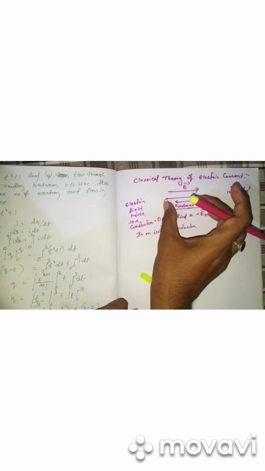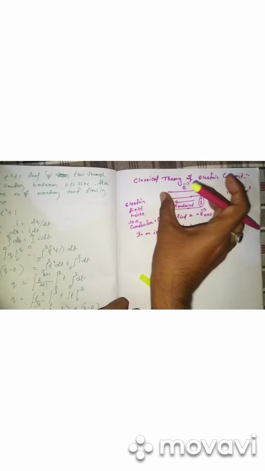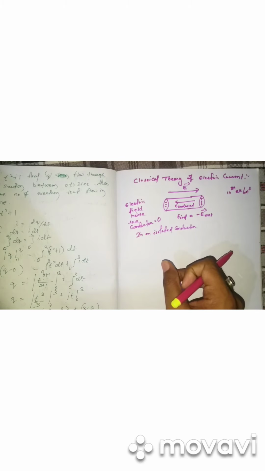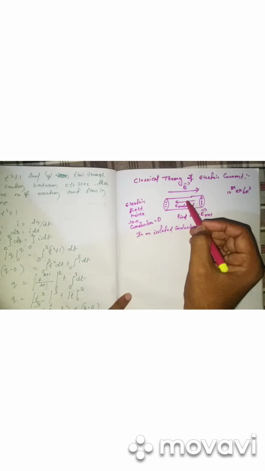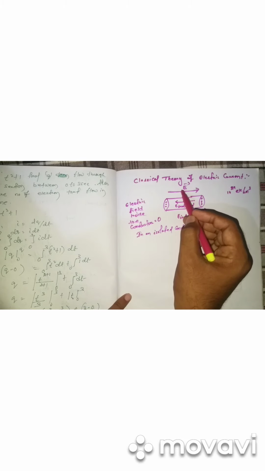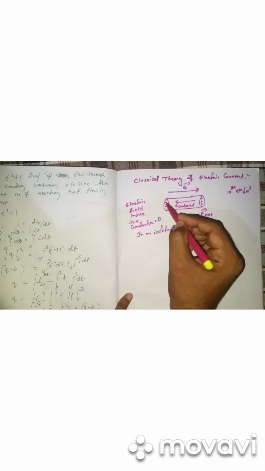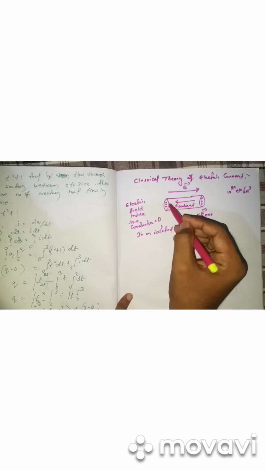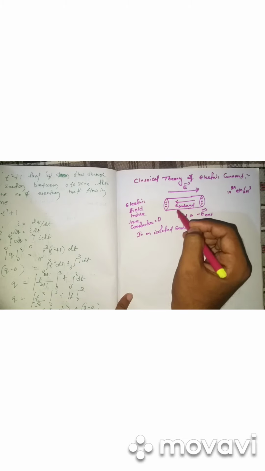If the conductor is placed inside an electric field, then due to the electric field the electrons inside the conductor acquire some energy and move opposite to the external electric field, and they accumulate at a particular end of the conductor.